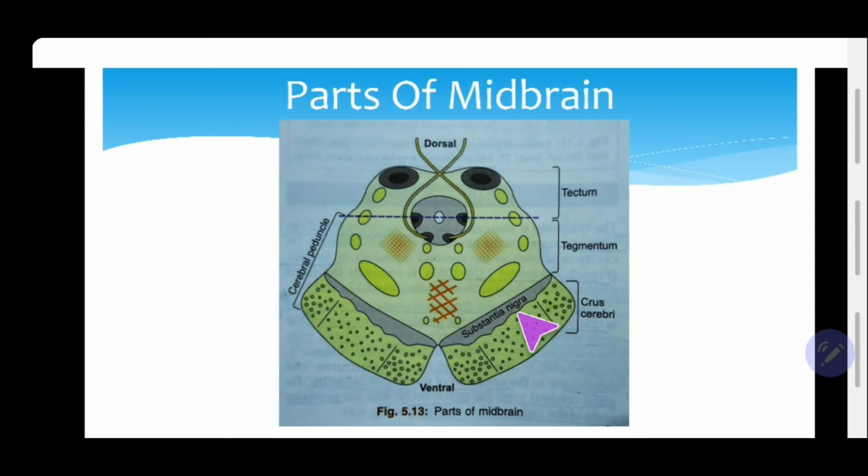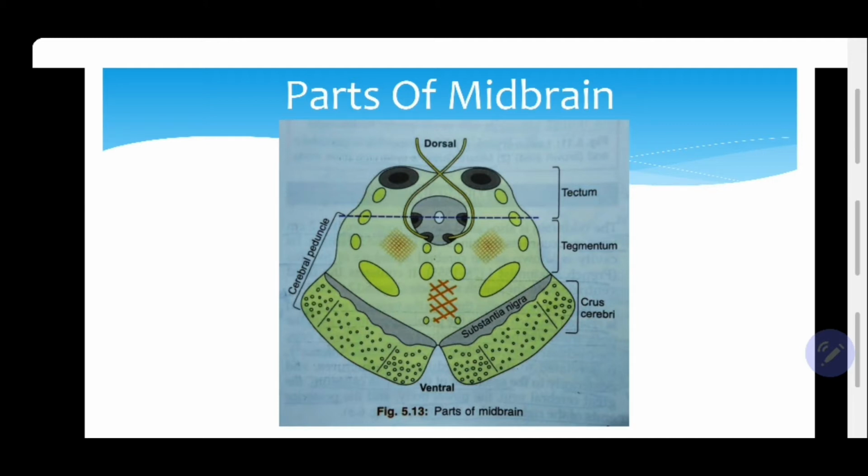The additional feature you find here is that the ventralmost portion of the cerebral peduncles is called the crus cerebri, and in between the crus cerebri and tegmentum is this lamellar arrangement of gray matter that's called substantia nigra.